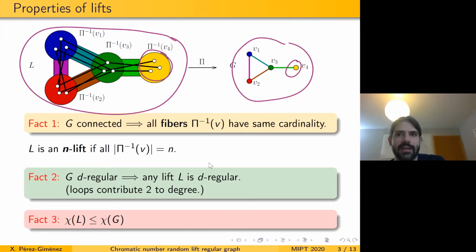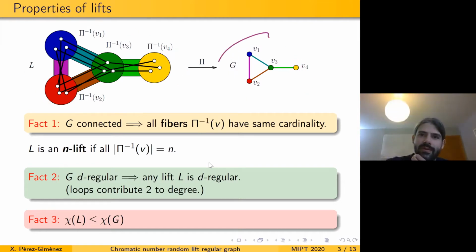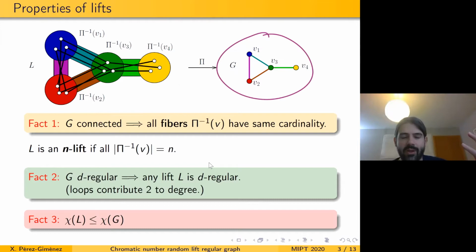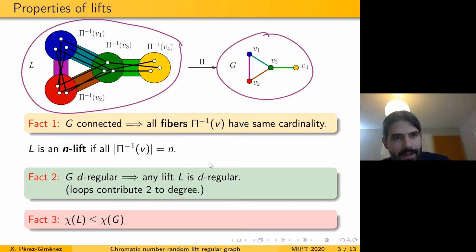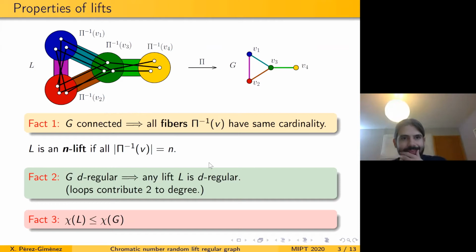So if I can color G with its chromatic number of colors, then I can do that for L as well, but maybe I could do that with fewer colors. That's something good to keep in mind since we'll be interested in precisely this graph invariant.